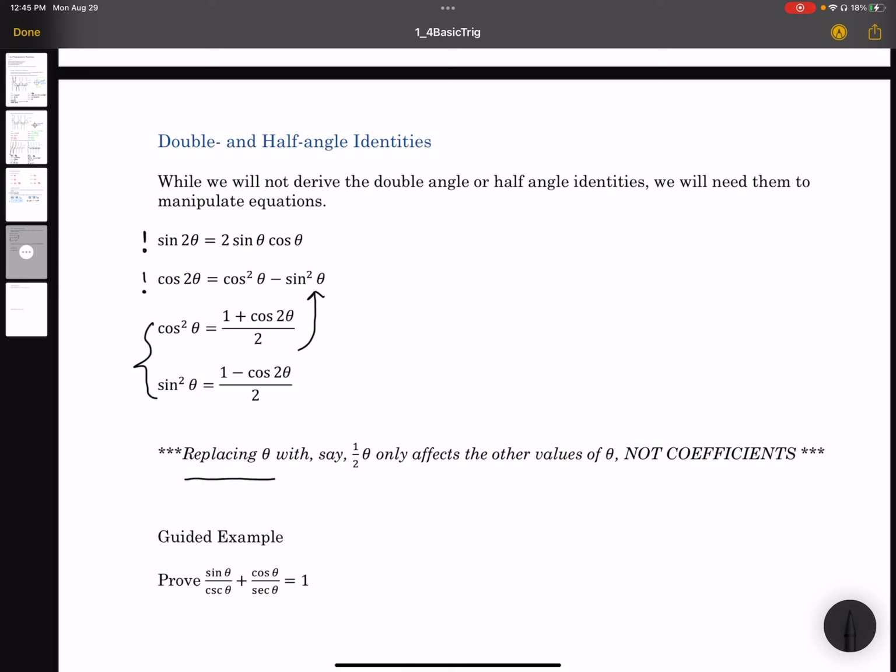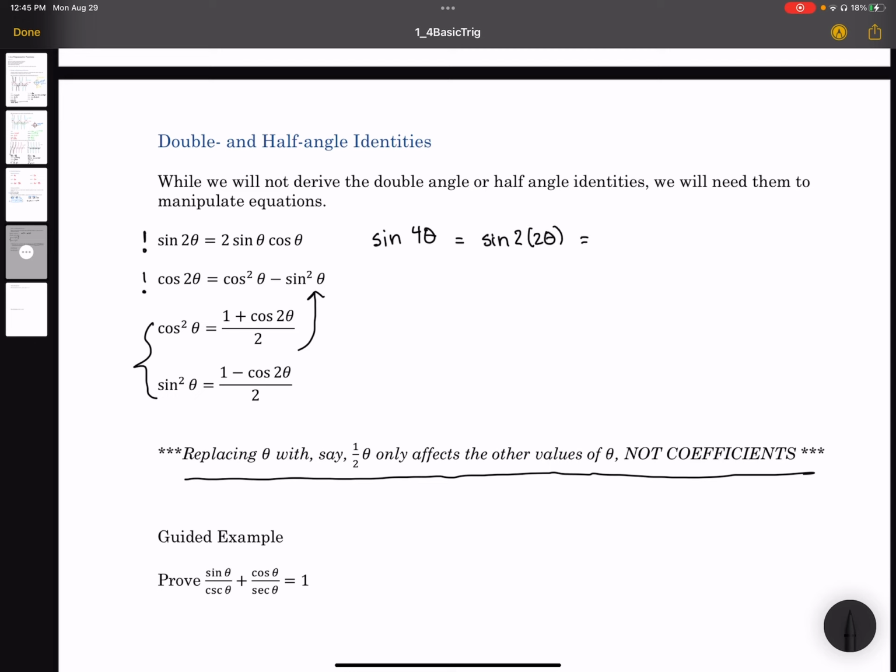And it should be noted that if we replace theta with any other value, the values of theta change, not the coefficients. So for instance, say we had the sine of 4 theta. Now technically, using our double angle identity, that's really the sine of 2 times 2 theta.